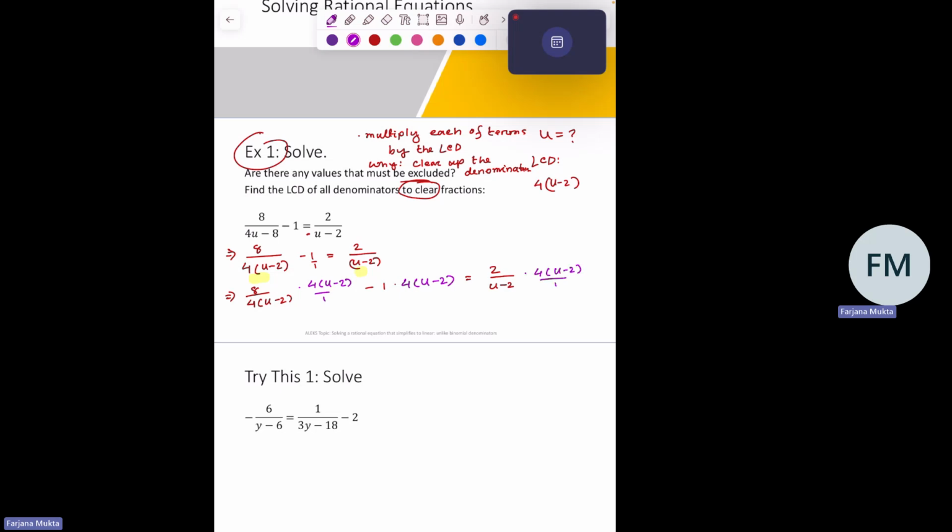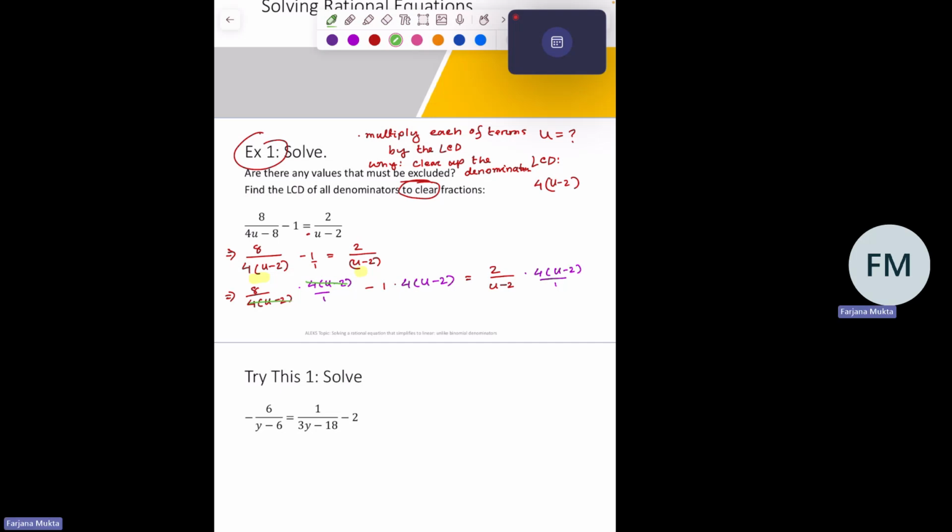All right, now let's see what happens. Again, our goal was clearing up the denominators. Let's see if we can successfully clear up the denominators or not, right? So what happens here? The 4 times u minus 2 and the 4 times u minus 2 get cancelled.